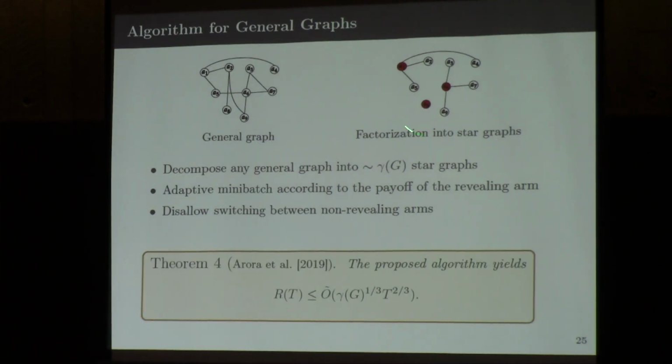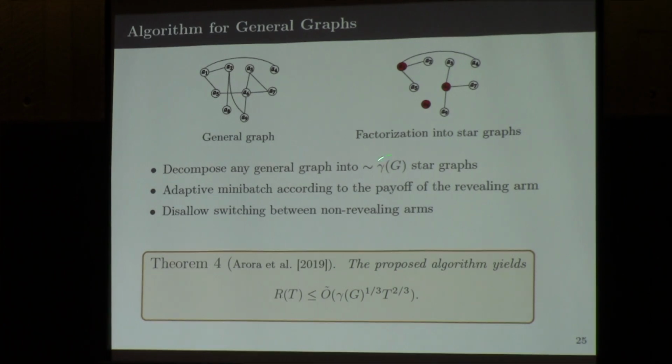The question that remains is, how many star graphs can we get from any general graph? The smallest number of star graphs that we can decompose a given graph into is known as the domination number. The vertices shown here in red are the dominating set.